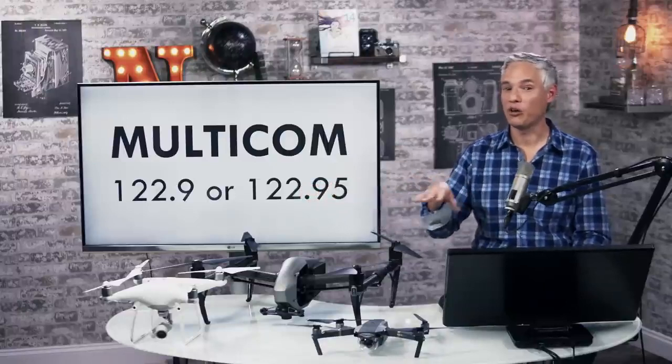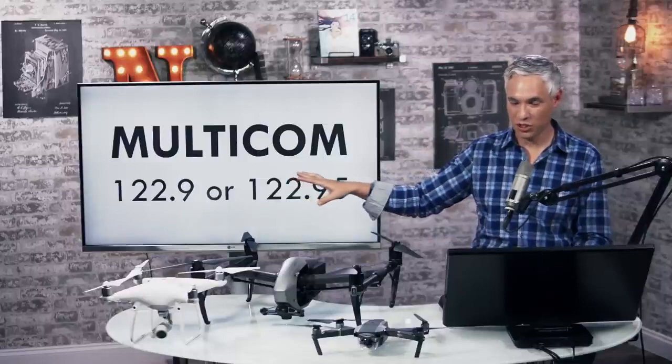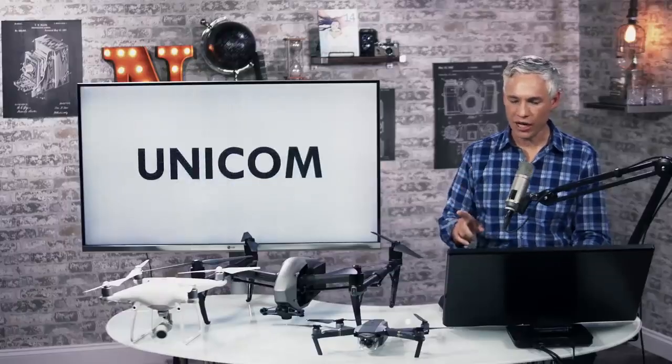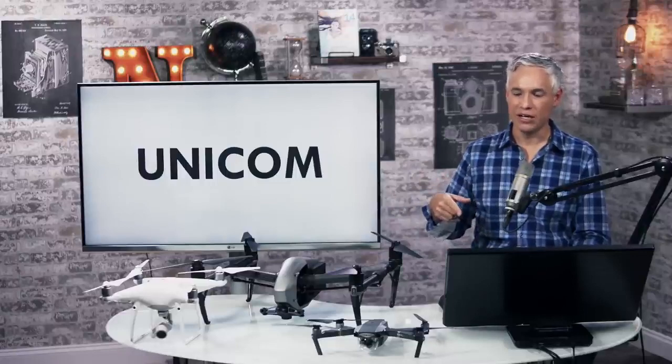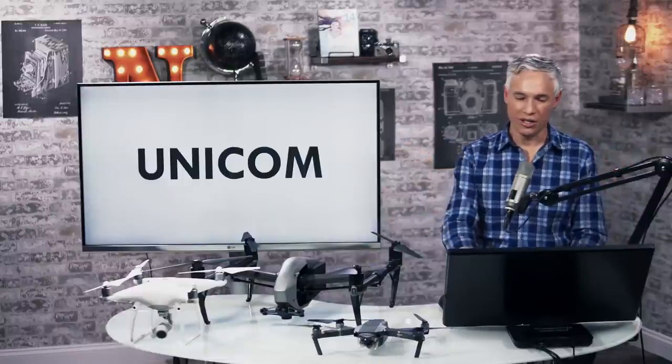Little small airports will use multicom, and just know these two numbers, 122.9 or 122.95. That's for multicom. Unicom is often the same as CTAF, rather than just everybody communicating to each other. We'll cover it a little bit more in a second.